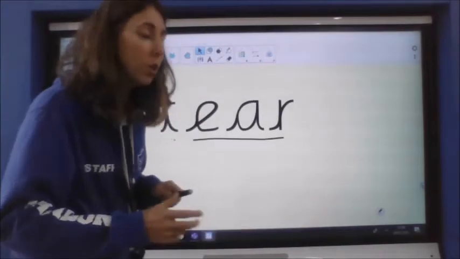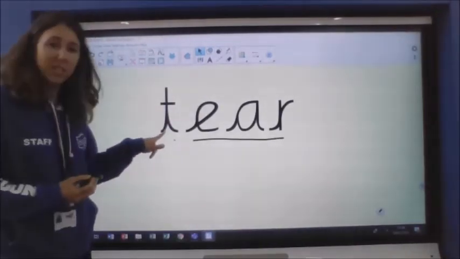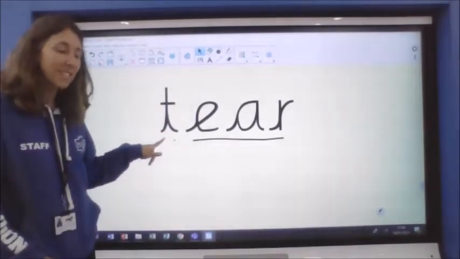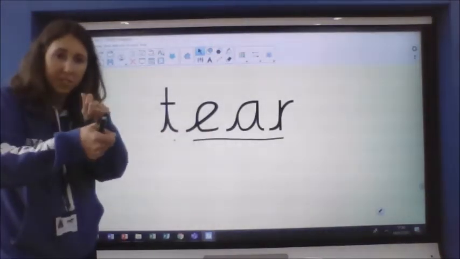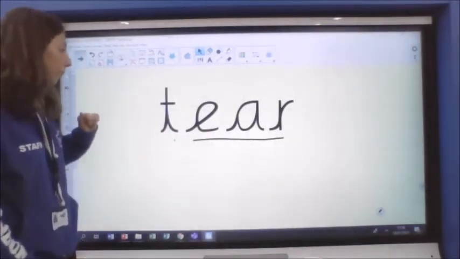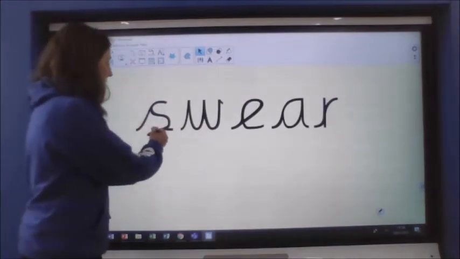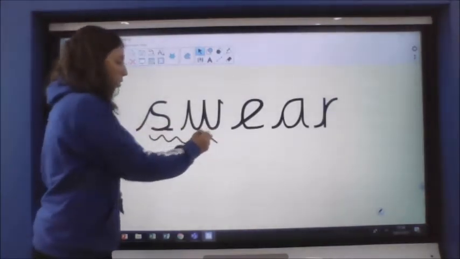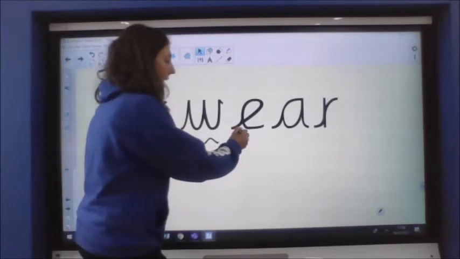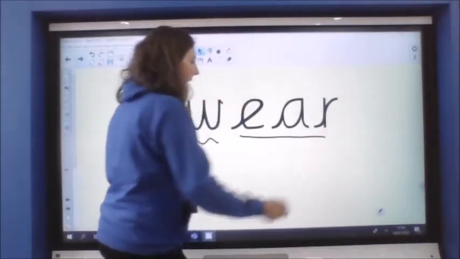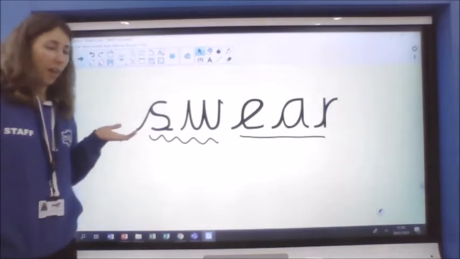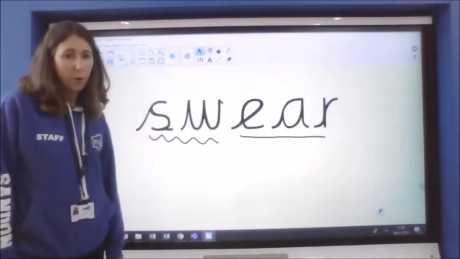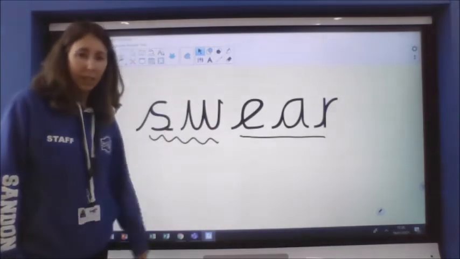So that's similar to the word read from last week, but today we're thinking about making an air sound, so it would be tear. I can tear the paper. I blend at the start. Sw and air, swear.